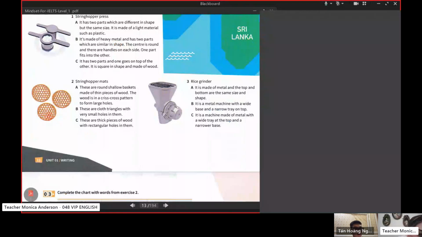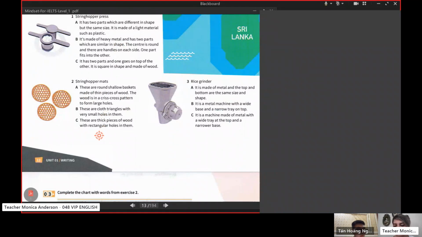This is a rectangle. I didn't think so. So let's check the others. These are round, shallow baskets, something light, thin baskets made of thin pieces of wood in a crisscross pattern. Of course, they are not rectangular.